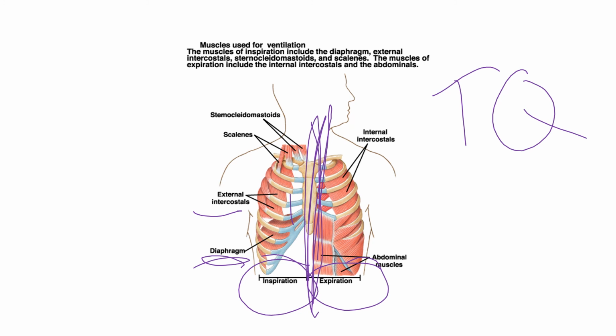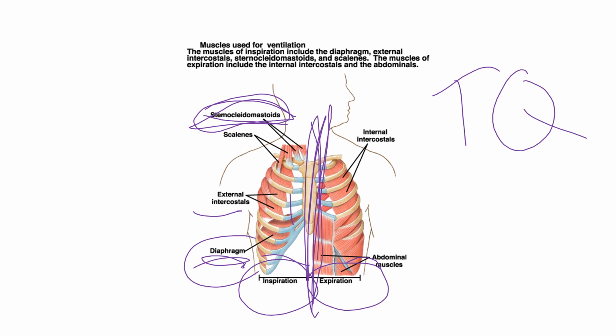Your scalenes, your sternocleidomastoids, that was my accessory muscle choice during my asthma attacks when I was a kid, all pull the rib cage. Notice all these things will either allow the rib cage to pull out with the diaphragm or pull the rib cage out directly, like your external intercostals. All these will pull on your rib cage to allow for a deeper breath.